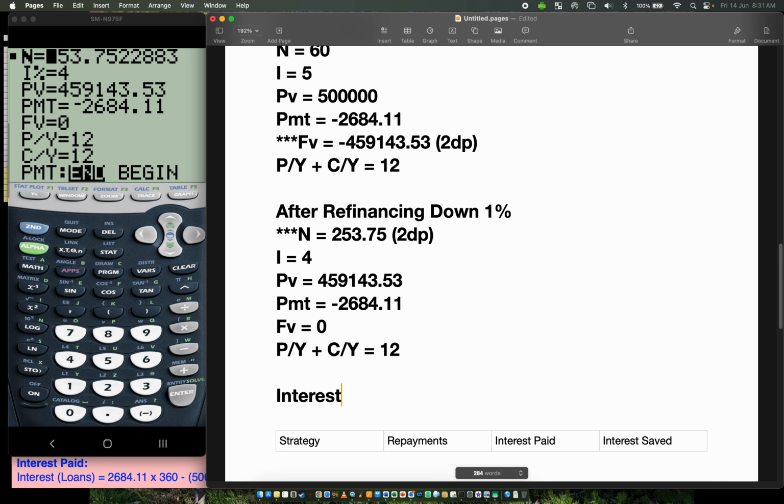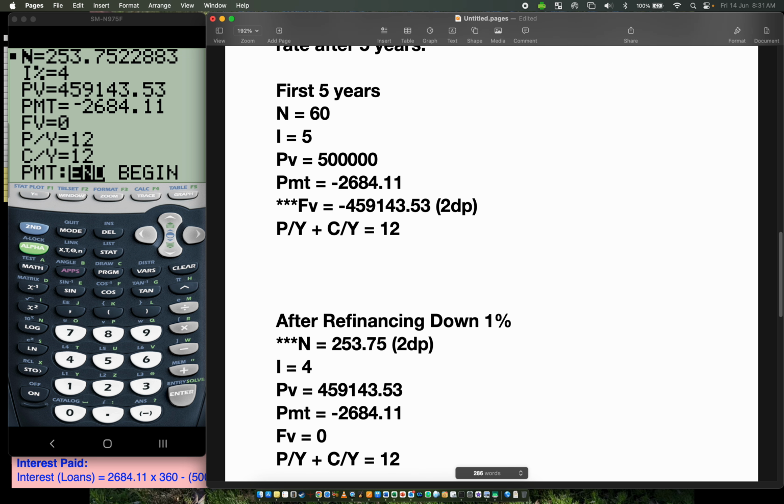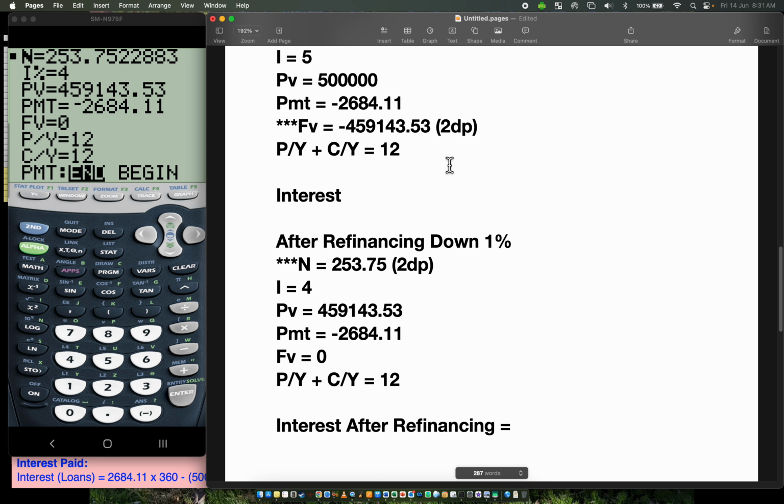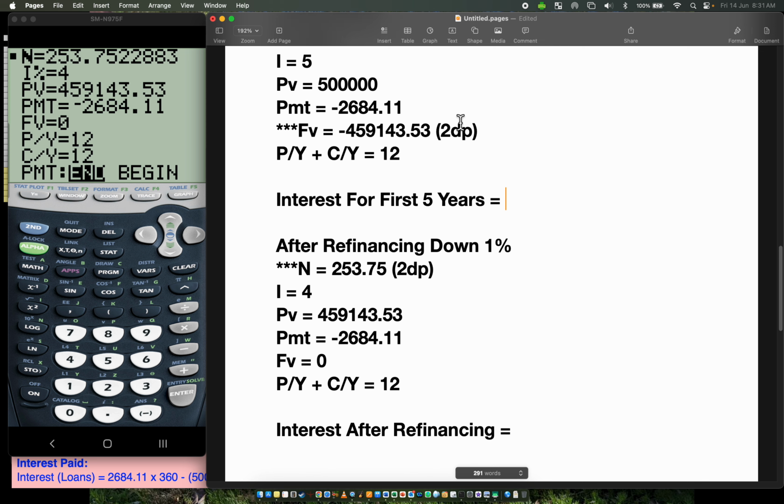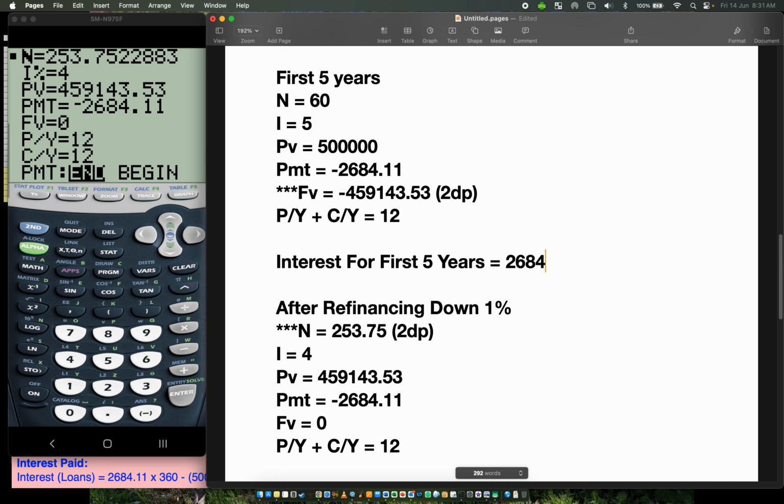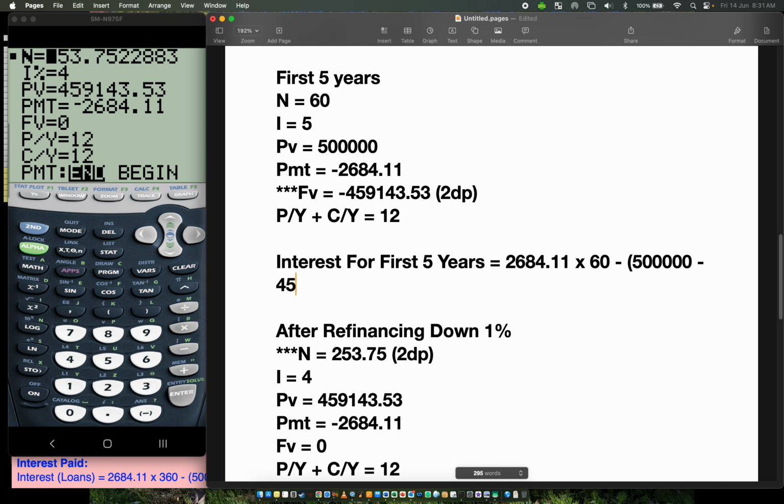So interest after refinancing equals, and I find the interest of the first part of the loan, interest for first 5 years equals $2,684.11 times the 60 payments that were made, take away the 500 grand minus the amount that I got the debt down to, because that subtraction is going to tell me how much debt was actually paid down with those 60 payments.